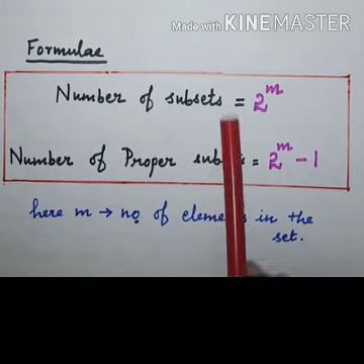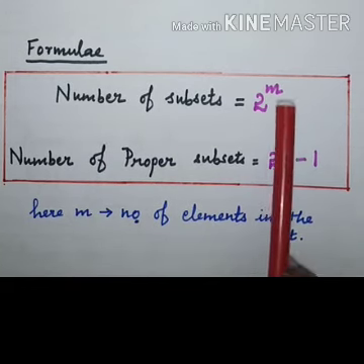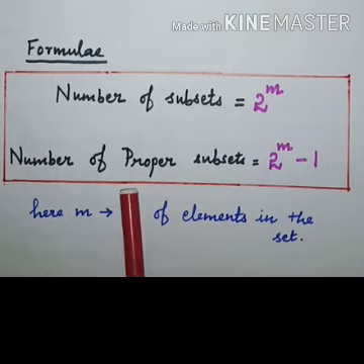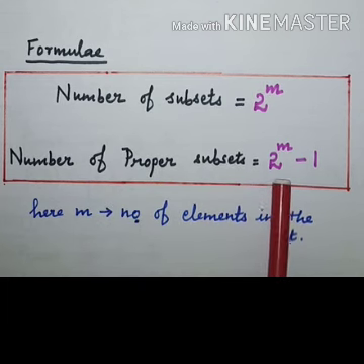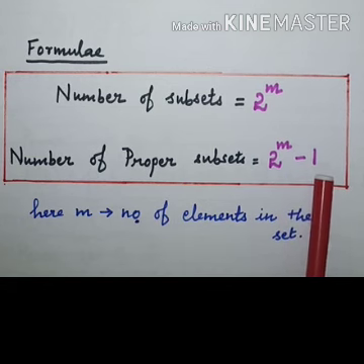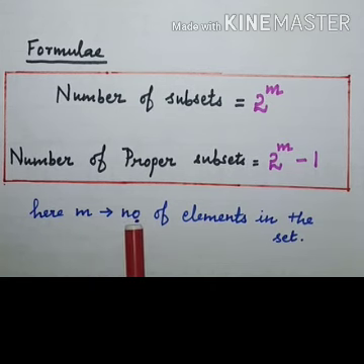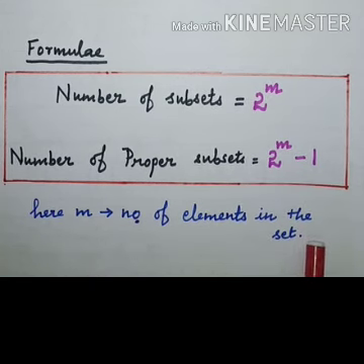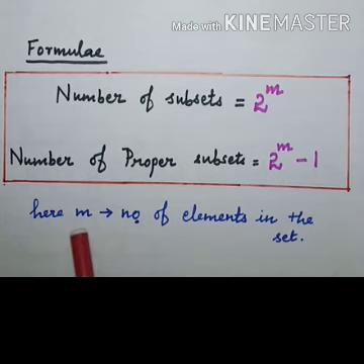Here two formulas are there. One is number of subsets, the formula is 2 power m, and the other is number of proper subsets, the formula is 2 power m minus 1. Here m is the number of elements in the set.